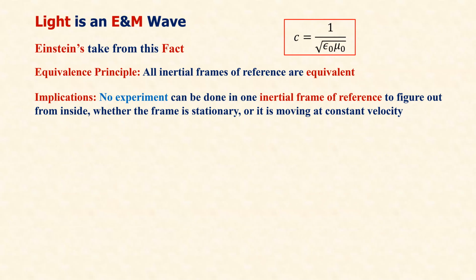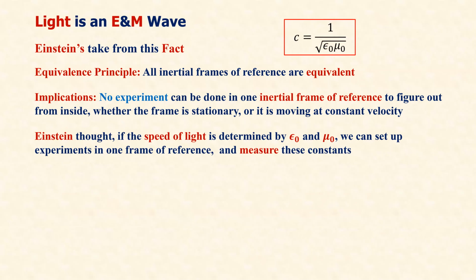How can you make an experiment that shows that you're moving? The equivalence principle says that there's none. There's no experiment that you can do to figure out that you're moving, because all the physics is the same when you're moving and when you're not moving. Okay, all the physics is the same. So you cannot do that.